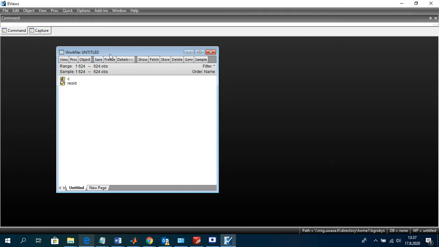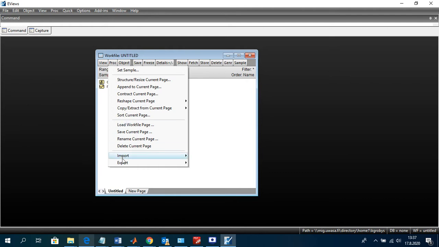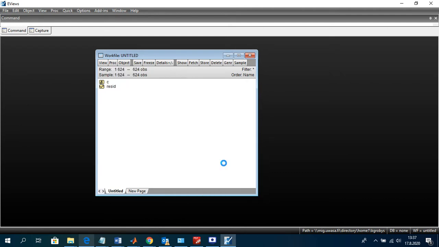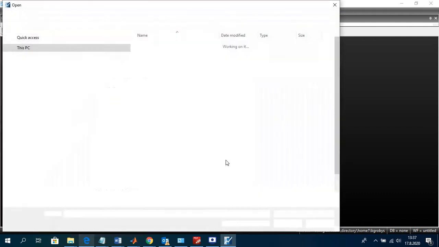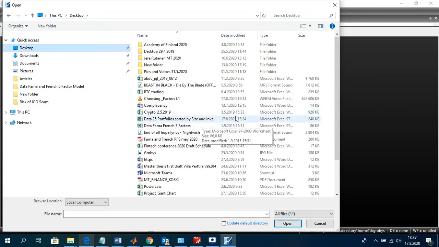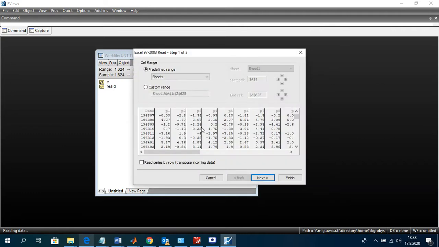So now we have created a new workspace here, and now we go to Proc, Import, file from. And now we have to know where we have located the file. I have located it on the desktop already, denoted as data 25 portfolios sorted by size and investment. Double click and Eviews will upload this data.